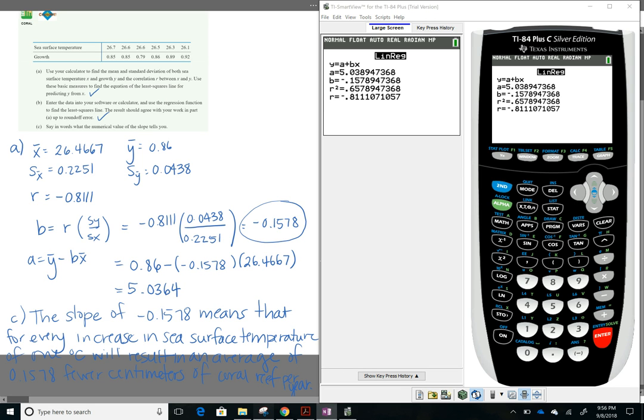And that's how you calculate your two variable statistics as well as your linear regression line.